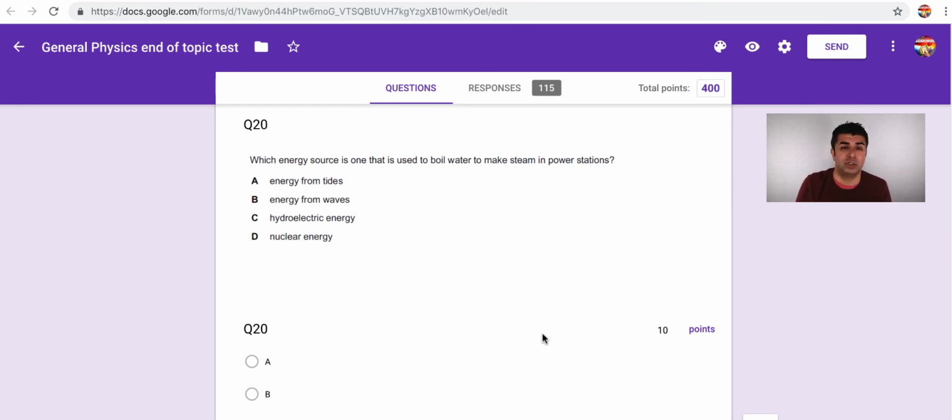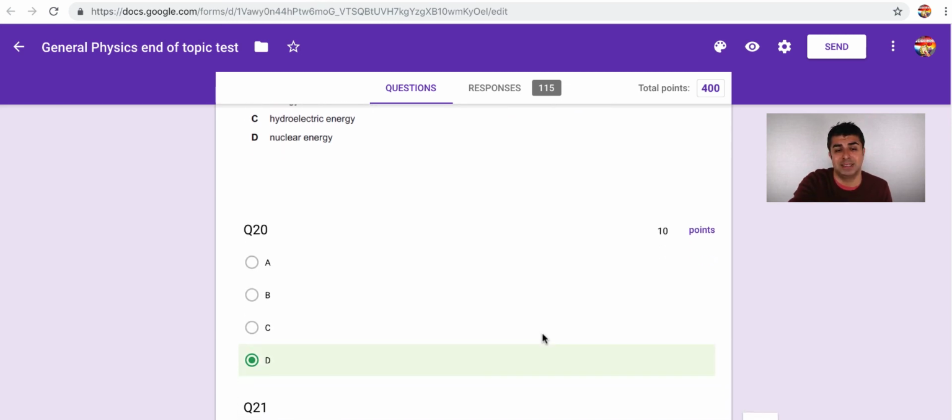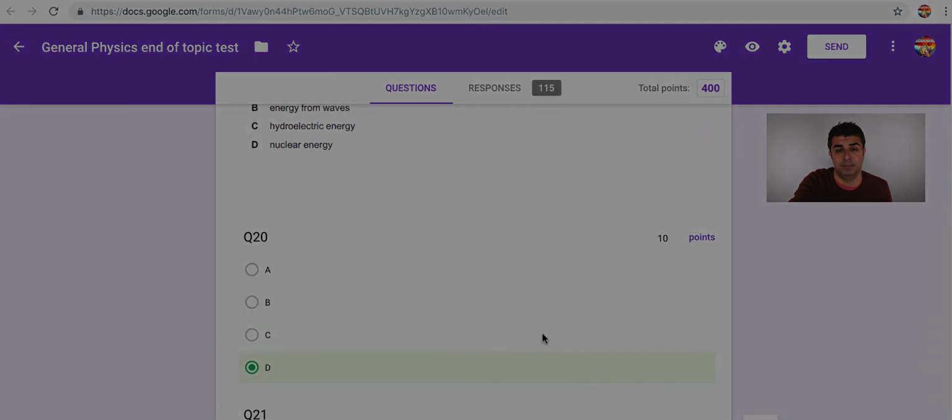And hydroelectric is normally found in high up areas or in big rivers where the GPE gained by the water turns into kinetic energy as it's made to fall through a pipe. The only one that heats up water here is nuclear. The answer is D.